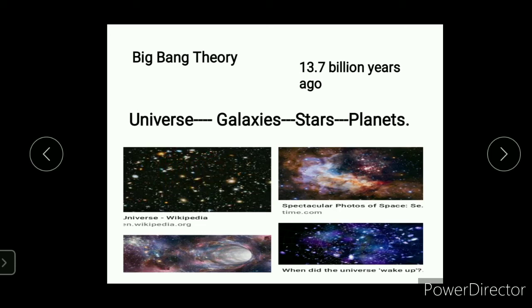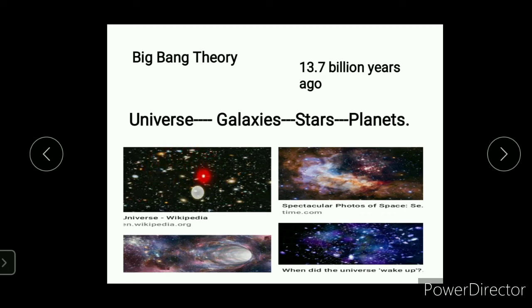These pictures shown here are related to the universe. So some 13.7 billion, not million, billion years ago, the universe itself started.